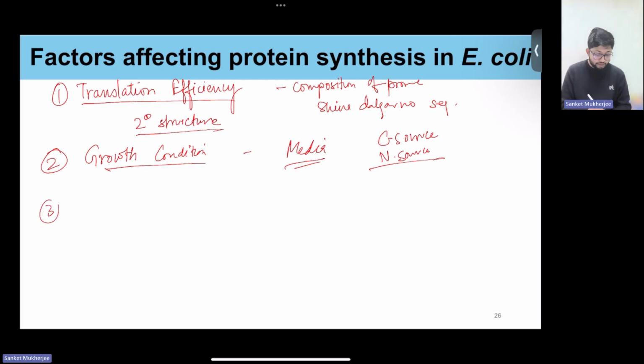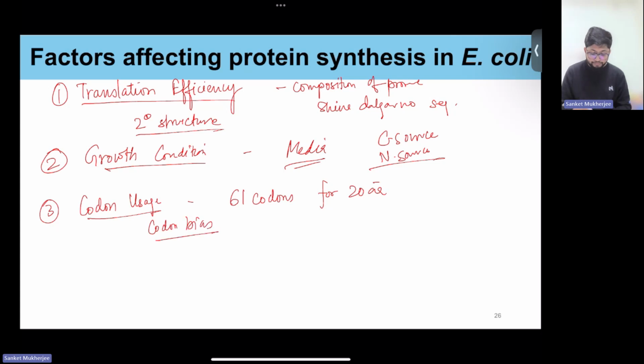Then there is the codon usage. Now, what is codon usage? We know that codons are degenerate. There are 61 codons for 20 amino acids, and there is a preference of a set of codons for a particular amino acid. That is called codon bias.